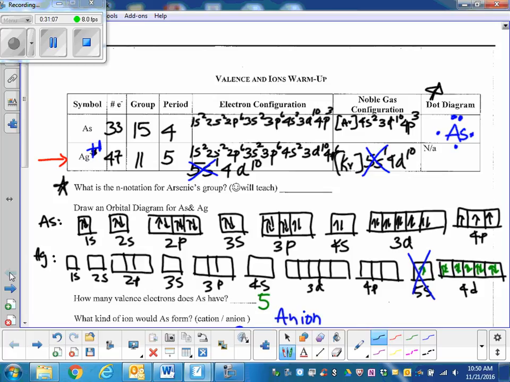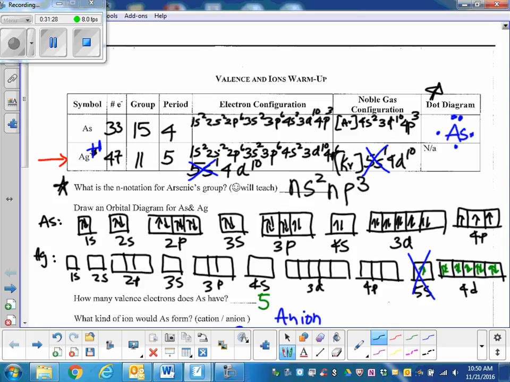What is the n notation for the arsenic group? I need some student to help me. Yes. ns2, np3. Are we good?